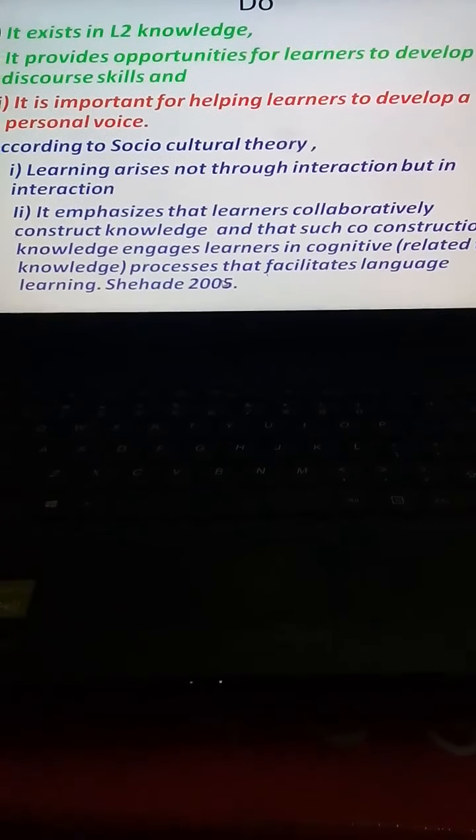So co-construction of knowledge engages learners in cognitive processes. What does it mean? Cognitive is related to knowledge. So cognitive processes facilitate language learning. This is taken from Swain, 2005.